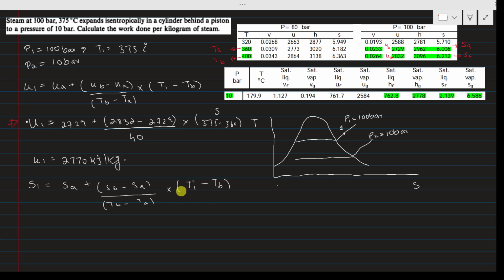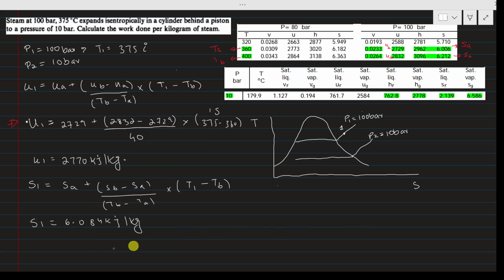Just put the values from the steam table and you will find the entropy at state point 1. I hope you know what SA and SB are. These are the SA and SB values, these are the TA and TB values, just put them in this formula.